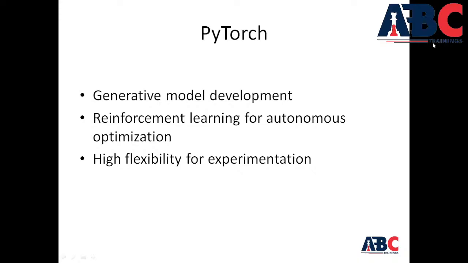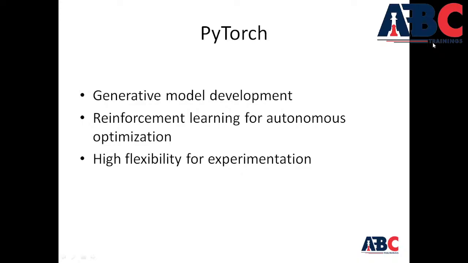Unlike static graph frameworks, PyTorch allows developers to write deep learning models using standard Python, enabling a natural coding experience that feels expressive. PyTorch includes a powerful tensor library that supports GPU acceleration and is optimized for high-performance numerical computation.